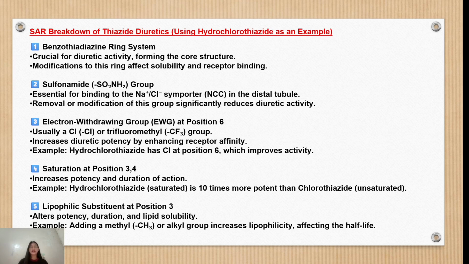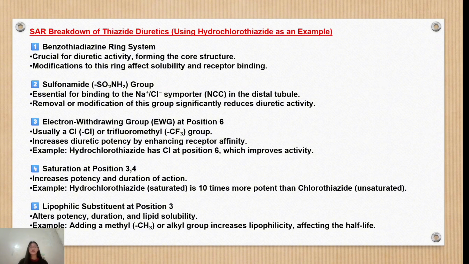The third is the electron withdrawing group or EWG at position 6. It is usually chlorine or trifluoromethyl or CF3 group. It increases diuretic potency by enhancing receptor affinity.